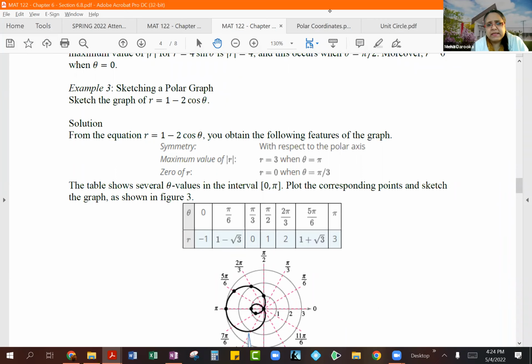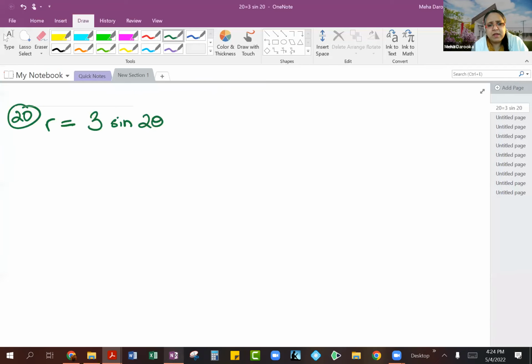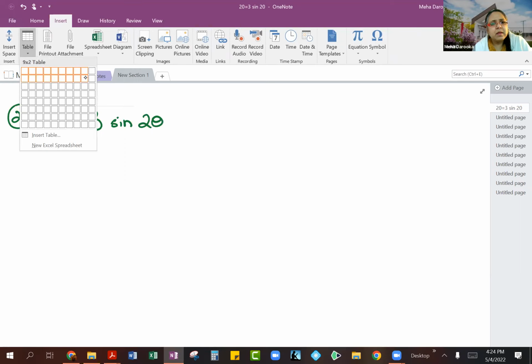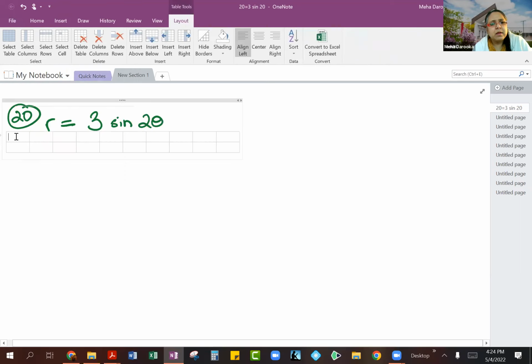So let's see what we can do for our given function. We are going to do theta and then the R value.